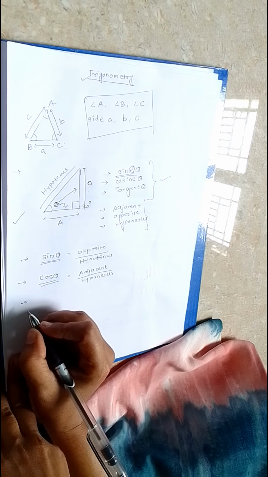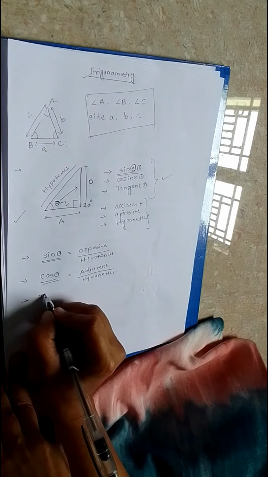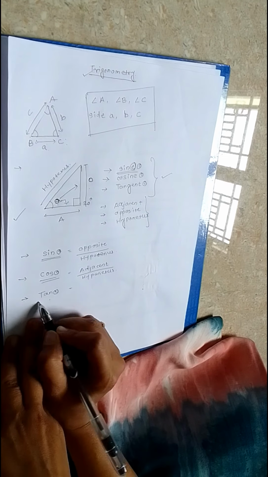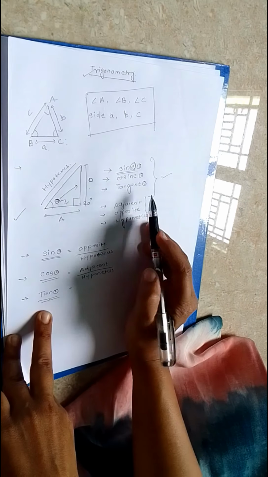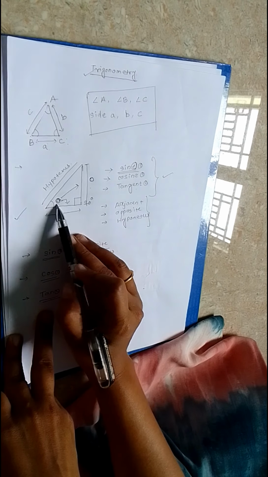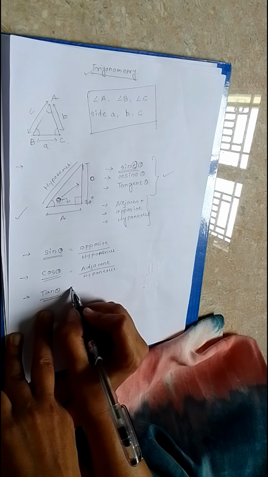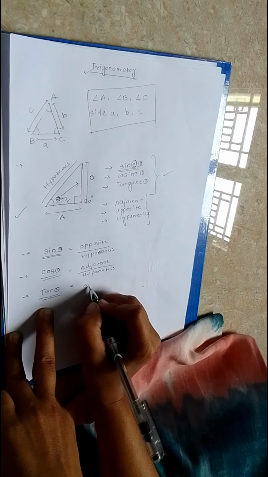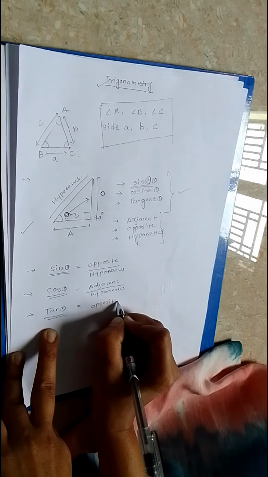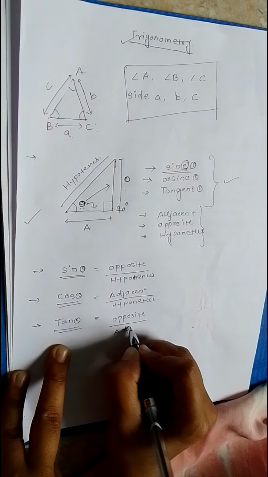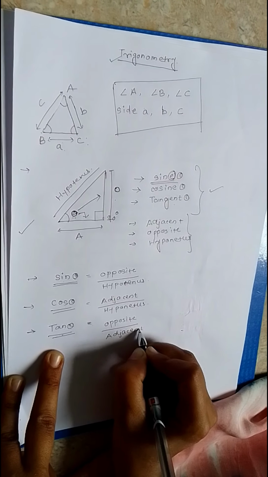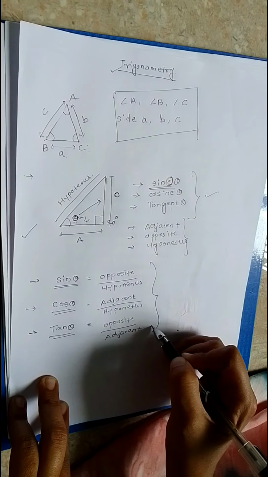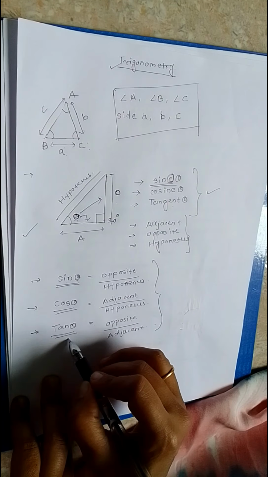Similarly, tan theta can be defined as the tangent function of this angle theta. How will we write it? Tan theta is equal to opposite upon adjacent. That's all. These are the simple definitions of these functions.